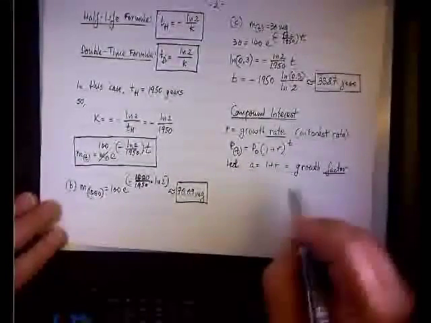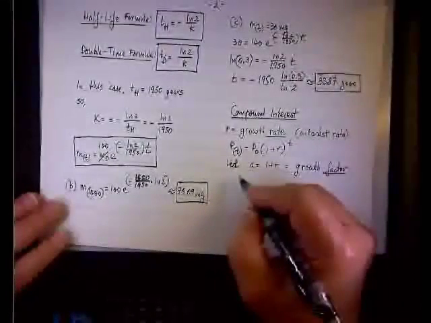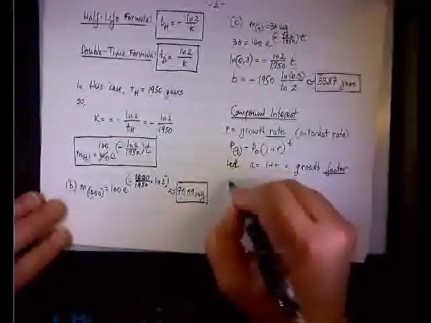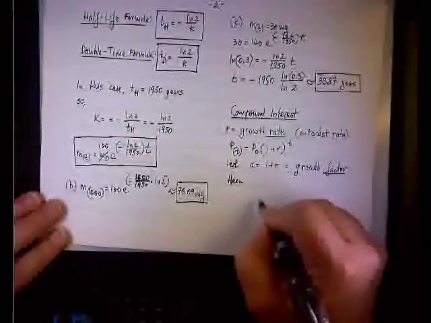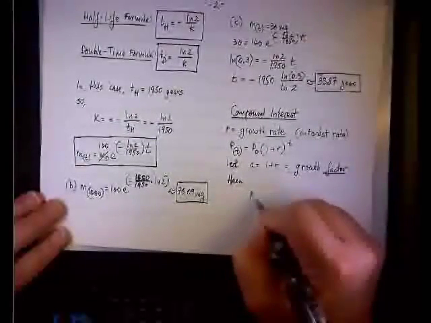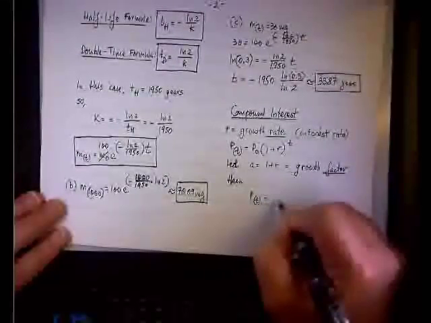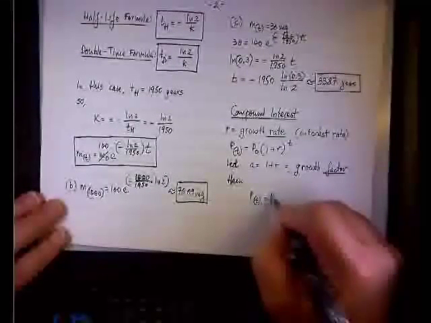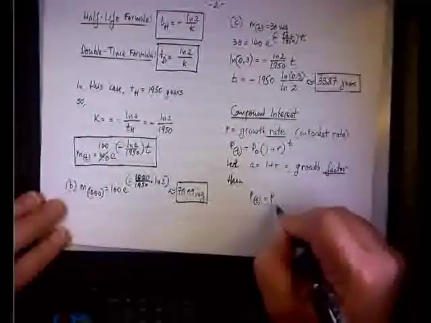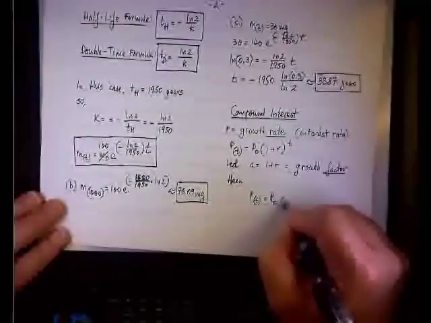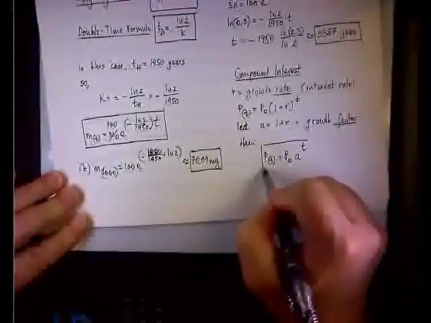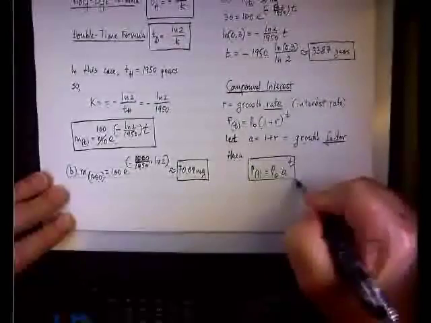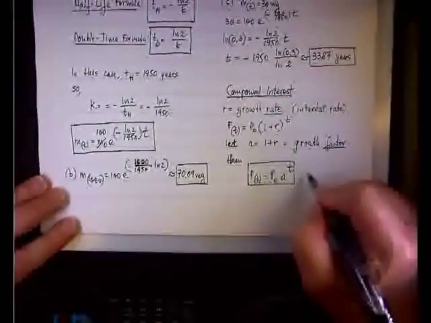A, the growth factor, is 1 plus R, and therefore now the PAT model becomes, if we let A equal 1 plus R, the model P of t equals P sub 0 A to the power of t. Okay, and this is the PAT model.